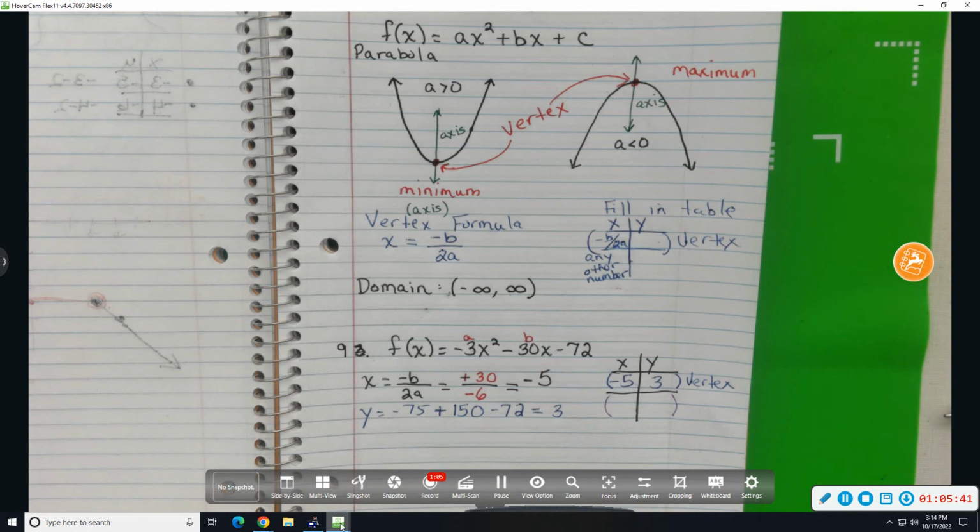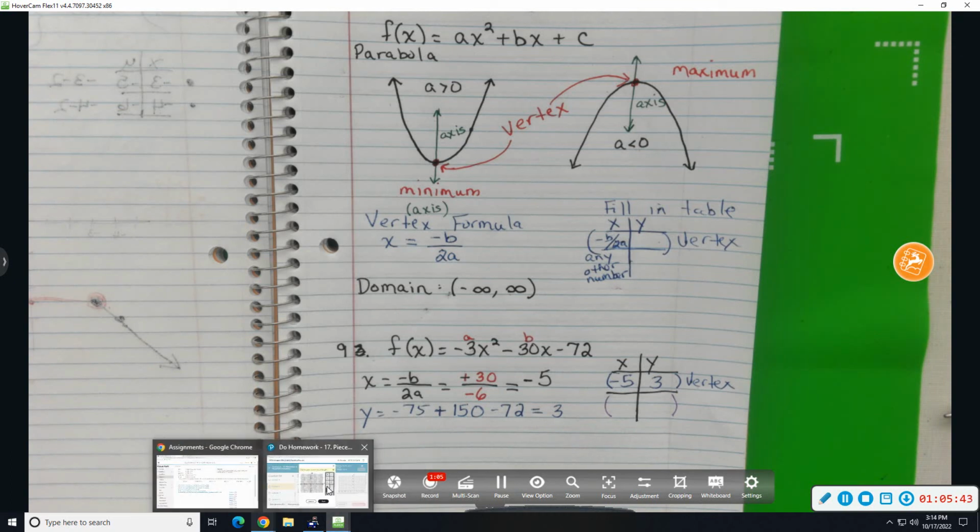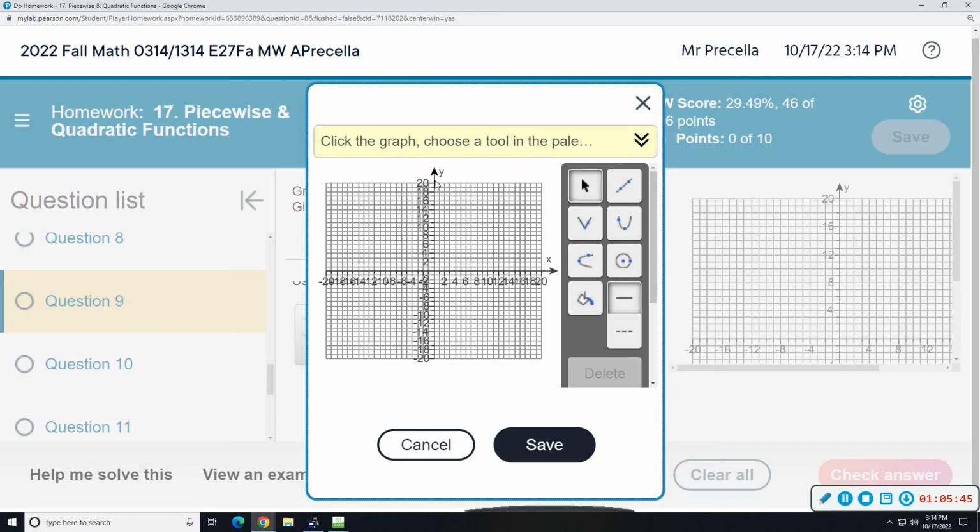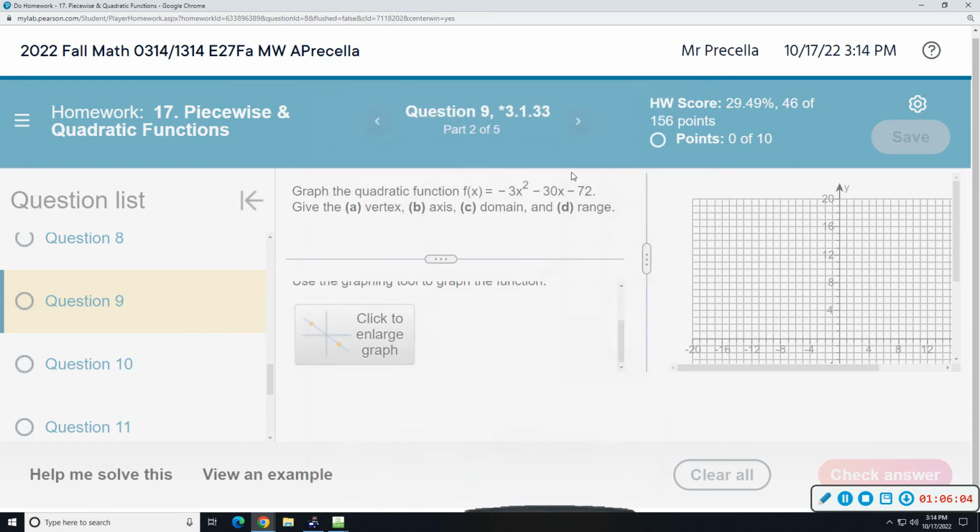Look at this messy graph here. I don't think you can get down negative 72. You can't go down 72 units. The furthest you can go down is 20 units. So you got to make sure the point that you choose yourself will fit on this grid. I've found that you shouldn't go more than just 2 units.